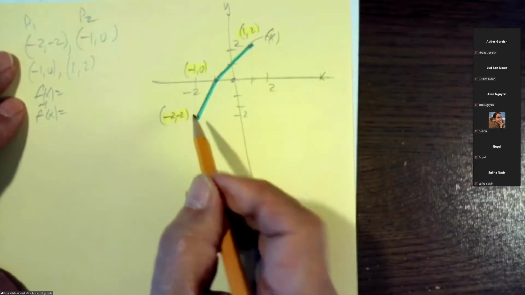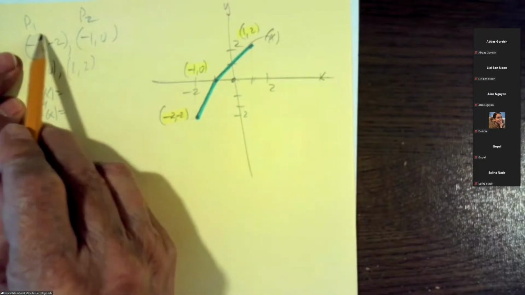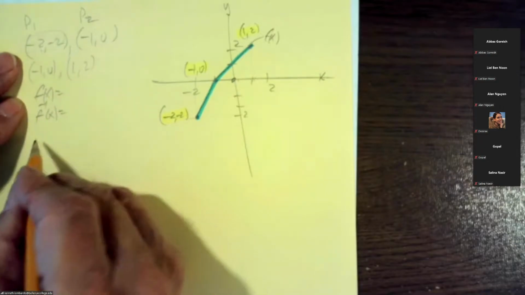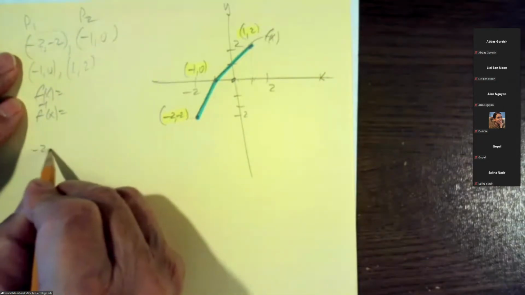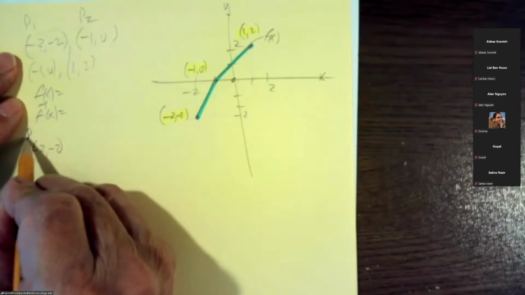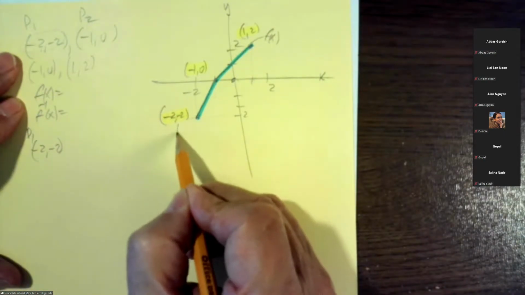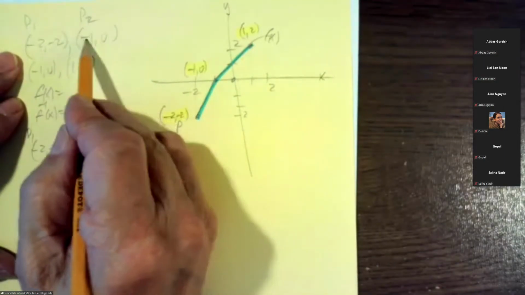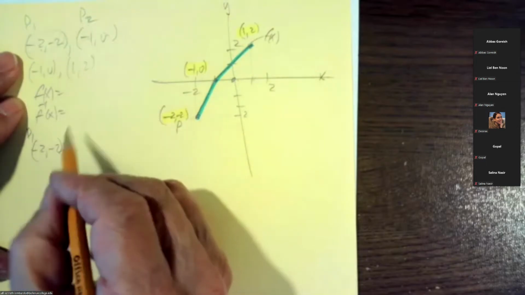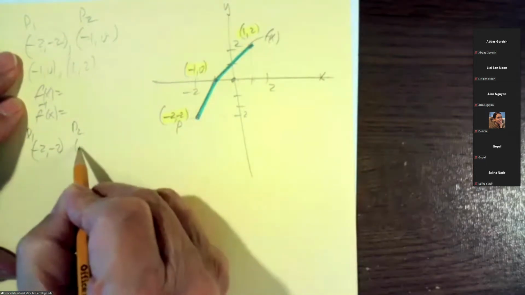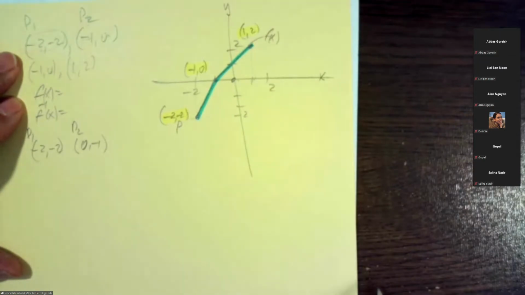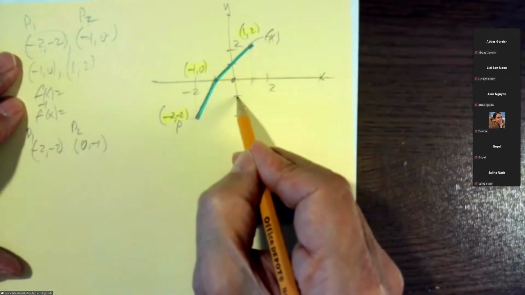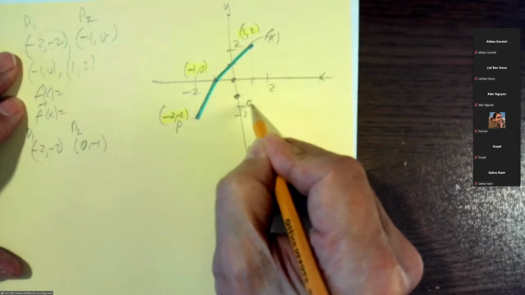So if point 1 is (-2, -2), if I reverse those, I'm still ending up with -2, -2, aren't I, for point 1? Now point 2, if I swap these values, becomes 0 and -1, doesn't it? So I have a point here, (0, -1).